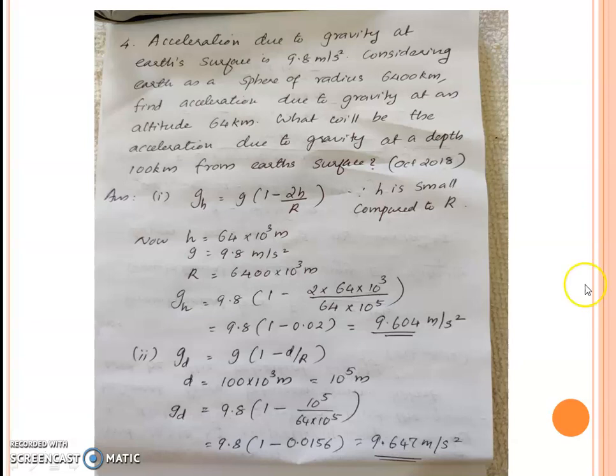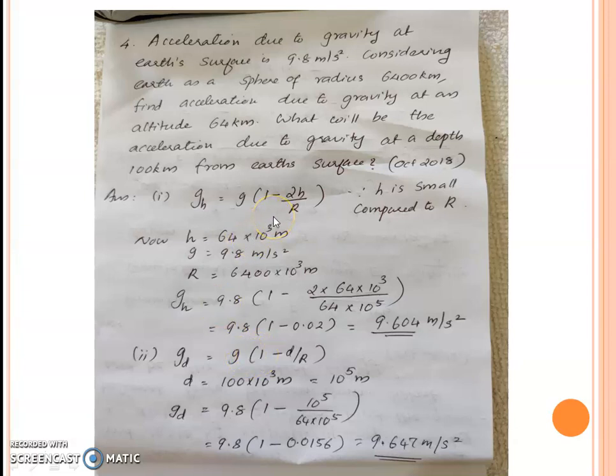Here it is required to calculate the acceleration due to gravity at an altitude of 64 kilometer, and again at a depth of 100 kilometer. So we have two equations: one represents the variation of acceleration due to gravity with altitude, and the other represents the variation with depth.